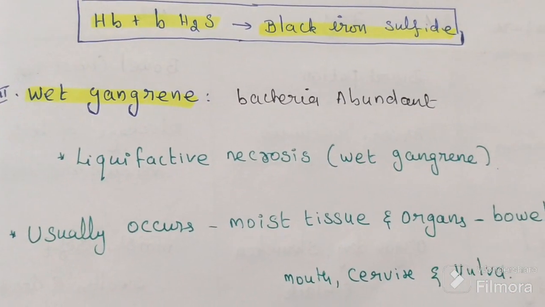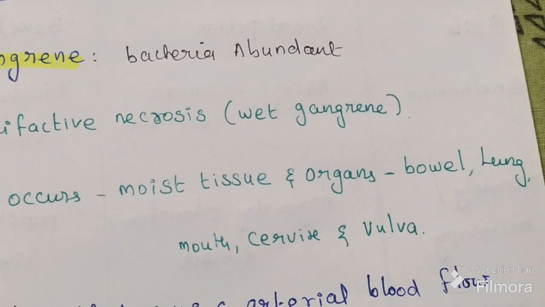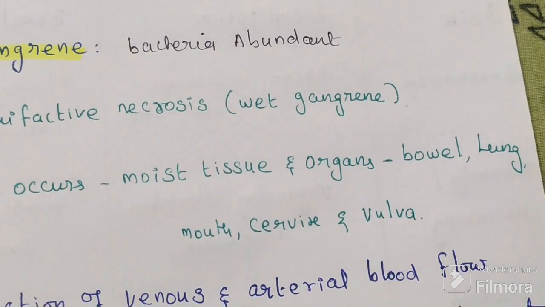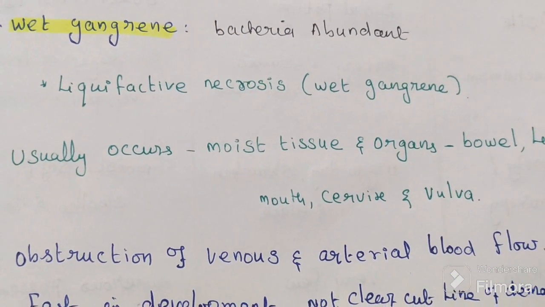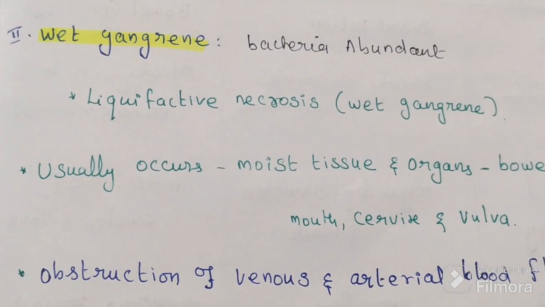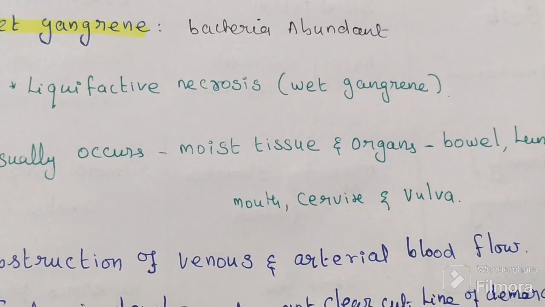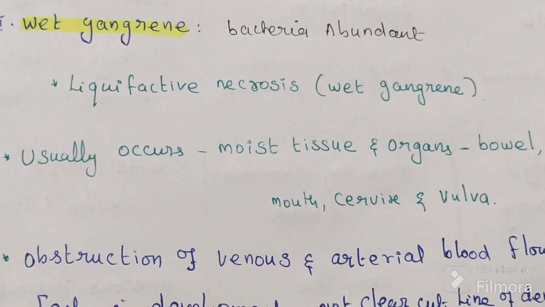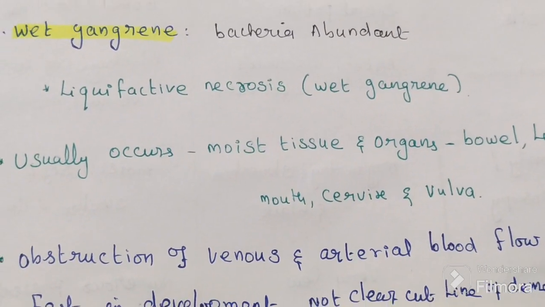It usually occurs in moist tissues and organs: bowel, lungs, mouth, cervix and vulva. It occurs due to obstruction of venous as well as arterial blood flow.